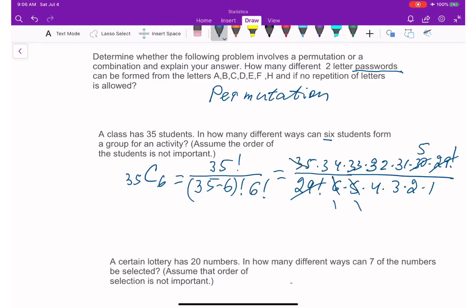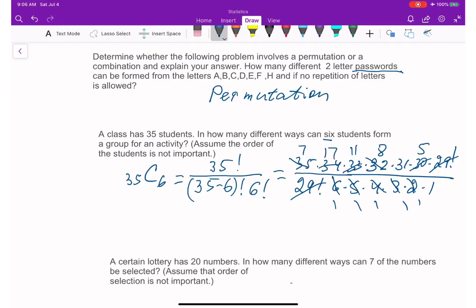Here will be 1. Here will be 7. 35 by 5. 4 I can cancel with 32. Will be 8. 3 I can cancel with 33. Will be 11. 2 I can cancel with 34. Will be 17. Or you could cancel with 8 also.